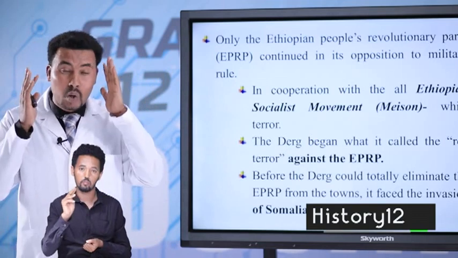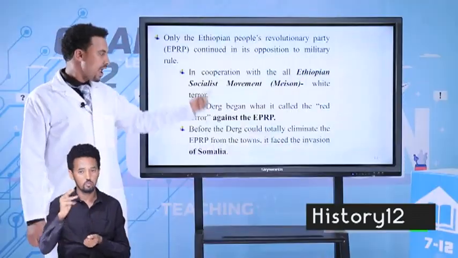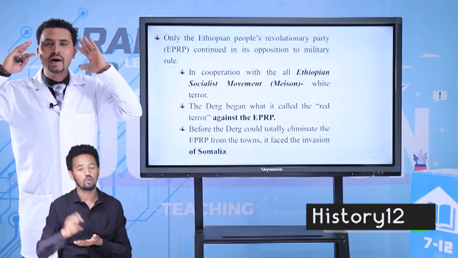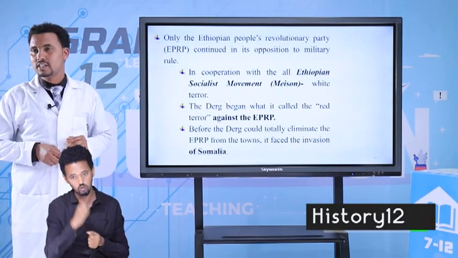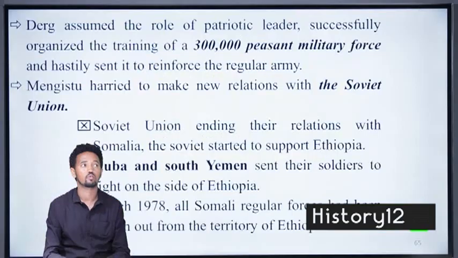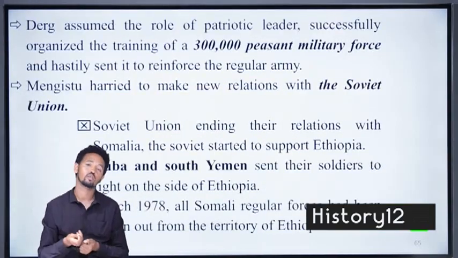Before the Derg totally eliminated the EPRP and MEISON, it faced the invasion of Somalia. Somalia invaded Ethiopian territory in the eastern part of the country. Then the Derg assumed the role of patriotic leader successfully.